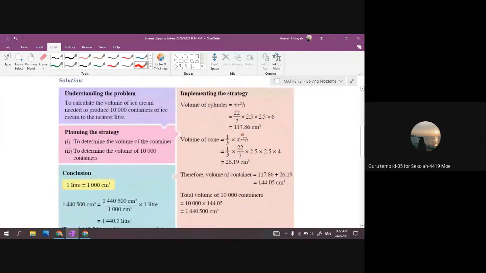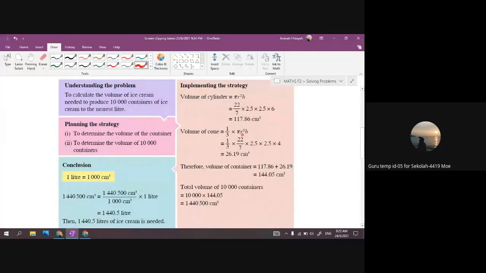Basically, in order to solve a solving problem question, first you need to understand the problem, what the question wants us to find. For this question, it wants us to calculate the volume of ice cream needed in order to produce 10,000 containers of ice cream. So kita kena cari volume untuk 10,000 containers.